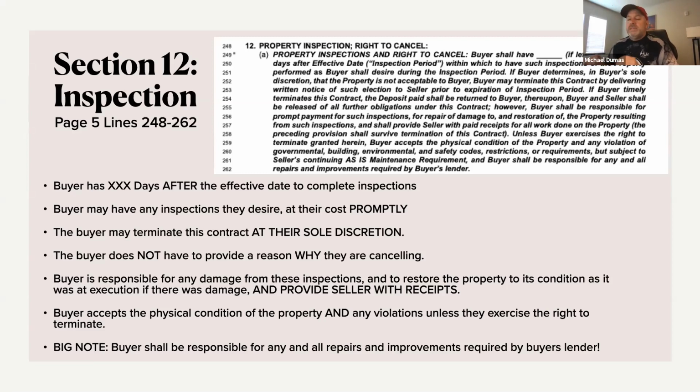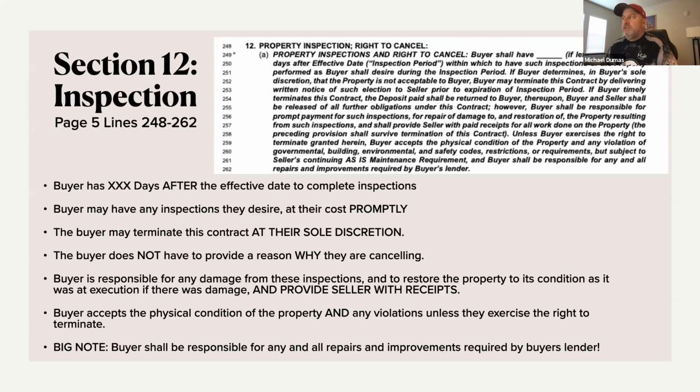Okay. Once the inspection period is done, this is where we're going to get into the caveats of it. Once the inspection period is done, the buyer accepts the physical condition of the property and any violations unless they exercise the right to terminate. Very clearly, if buyer timely terminates this contract, the deposit shall be paid. However, buyer shall be responsible.